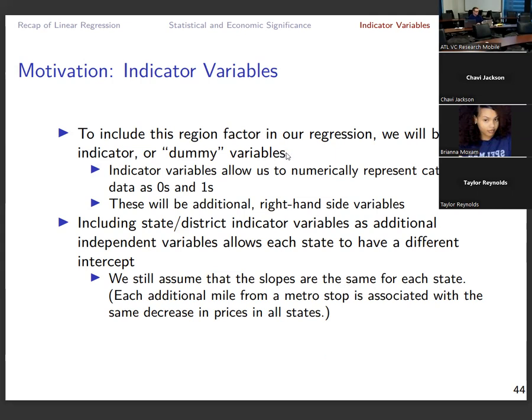Yes. And so a dummy variable in this context is going to allow the regression to treat the mean of those properties in each of the geographical areas differently. That's what it's going to allow.